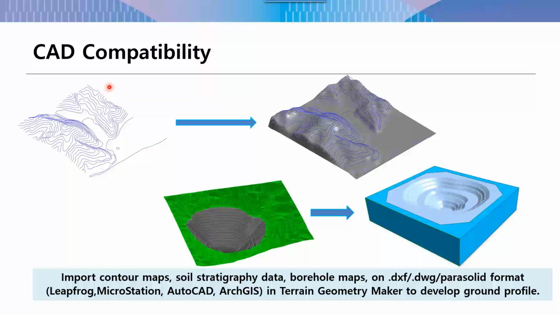Now, the top left picture here is a contour map which can be developed into a proper topographical 3D face in GTS NX with the use of the inbuilt geometrical tools.